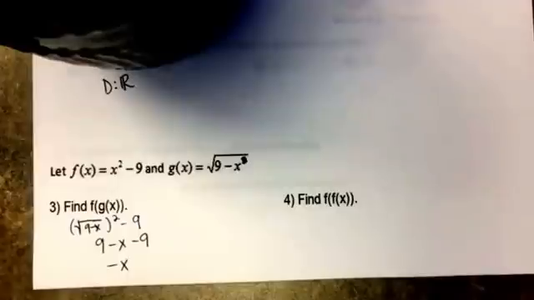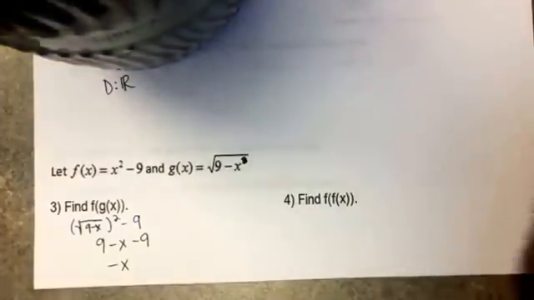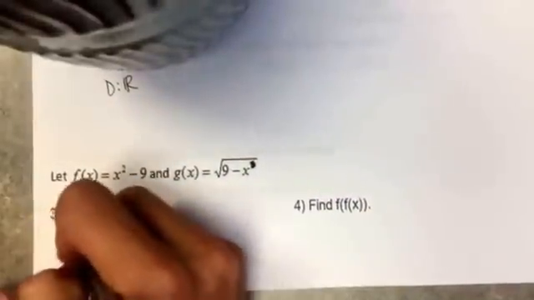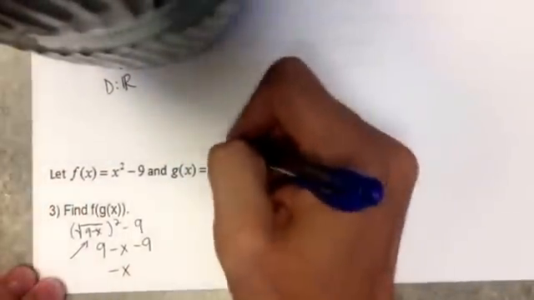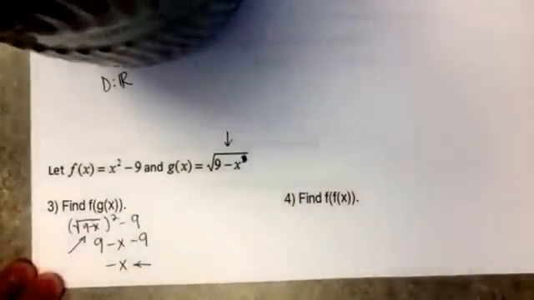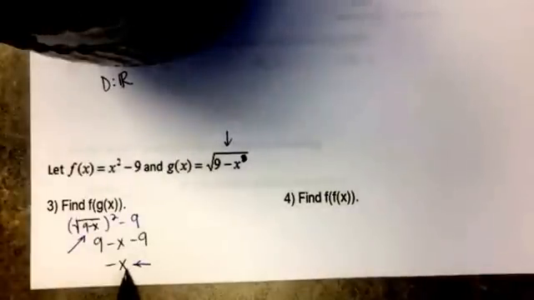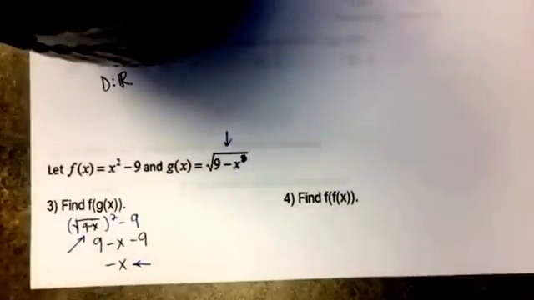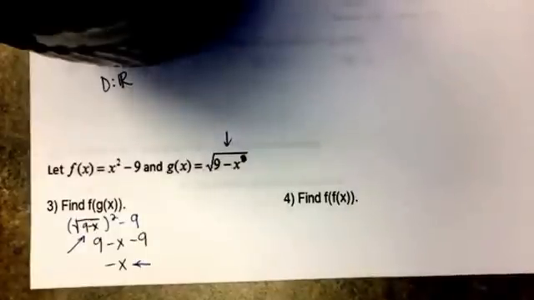So let's talk about the things you have to check. You have to check the function you plugged in, which in this case is this one, and then the result that you get out. Now, looking at the result you get out, negative x is a linear polynomial, meaning that you could use anything you want. So the end result doesn't have any restrictions.